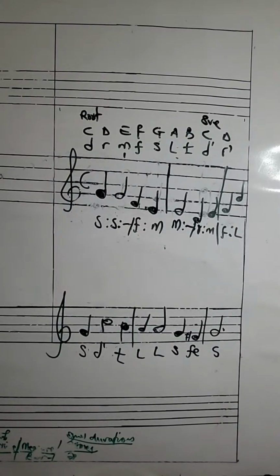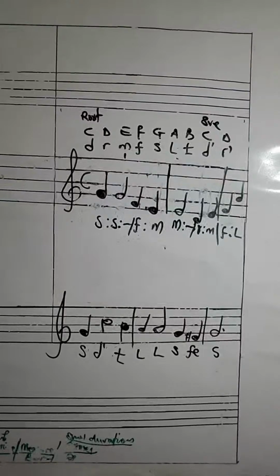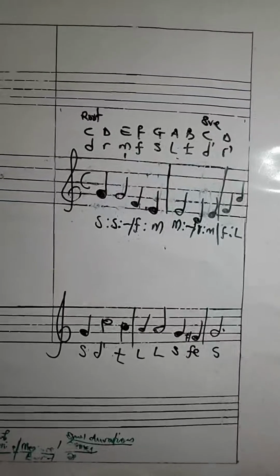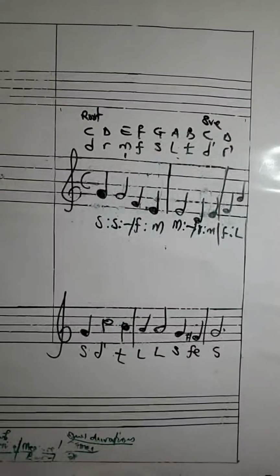G, C, B, A, G, F sharp, and G. That is what you are saying: so, do, ti, la, la, so, fi, so. As simple as that. So that's how we sight read.